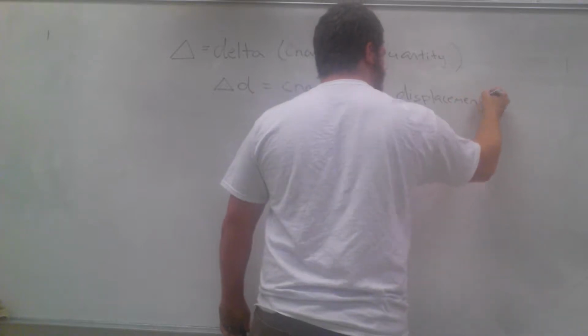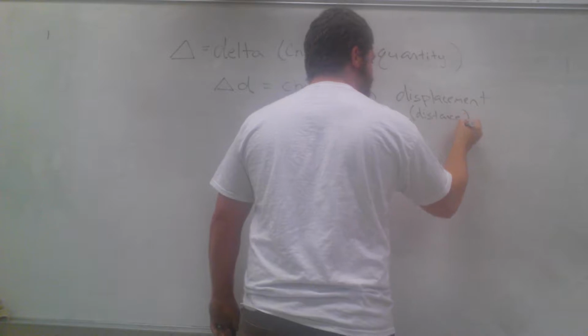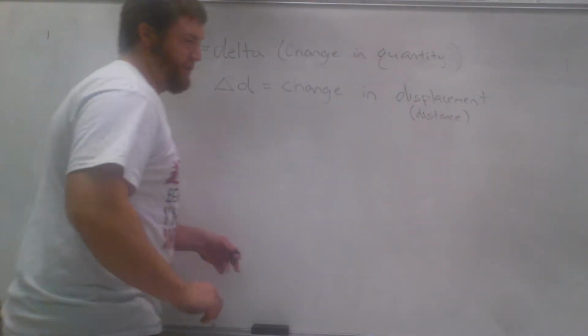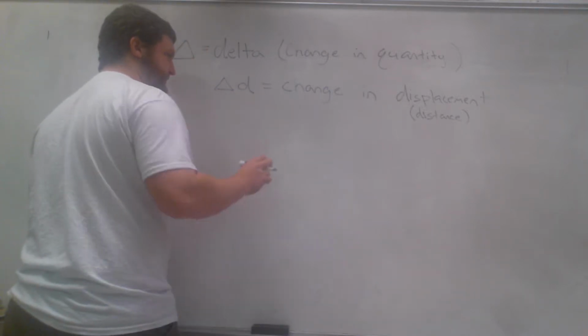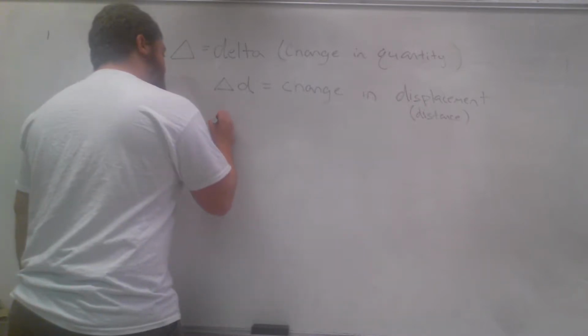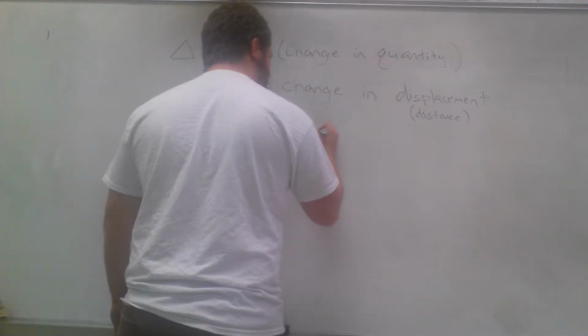Now, for all intents and purposes, if it helps you to think of distance, you know, that's okay, because that's more or less what it is. We have direction if we were talking about anything in the change in D because we know it's moving in a certain direction. Anyway, so what if I give you delta T? What do you think T stands for? Okay, change in time.